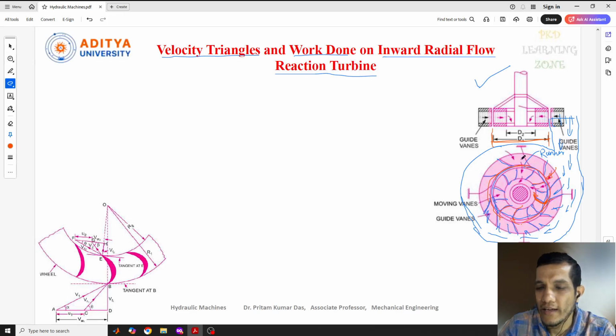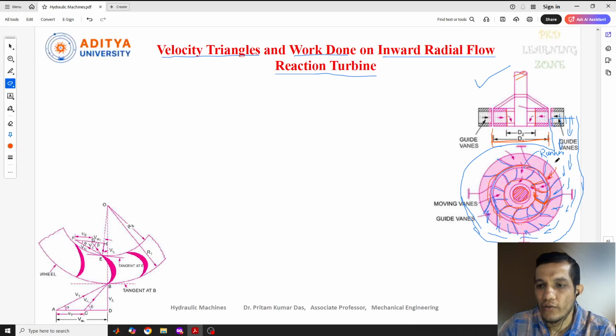Similarly, when the water flows over these vanes and goes out from here, we can consider this the inner diameter of the runner, and the runner is fitted on the shaft. This is the shaft part. The shaft will be connected to the generator, and when it starts rotating, it will generate electricity.